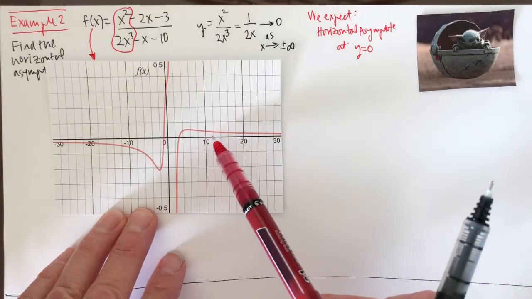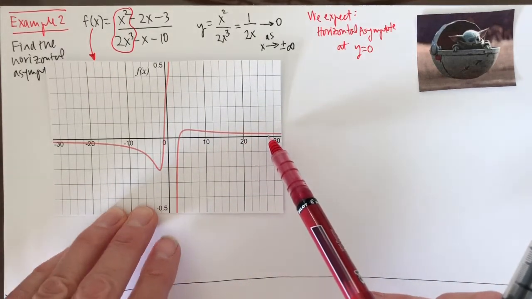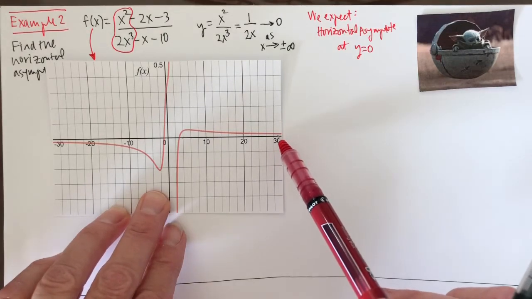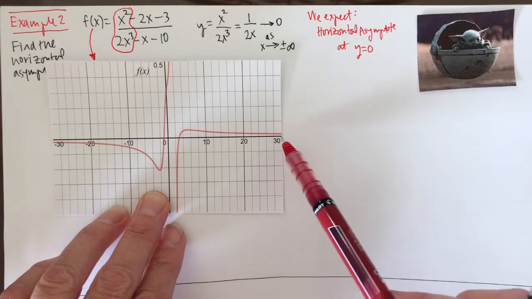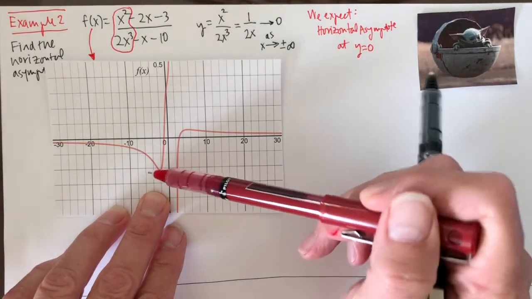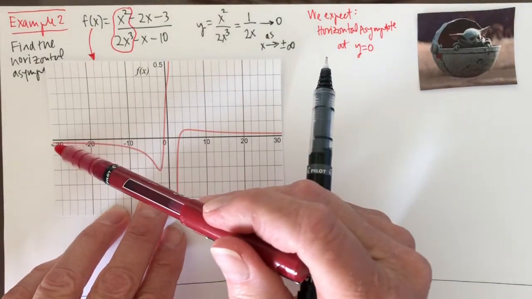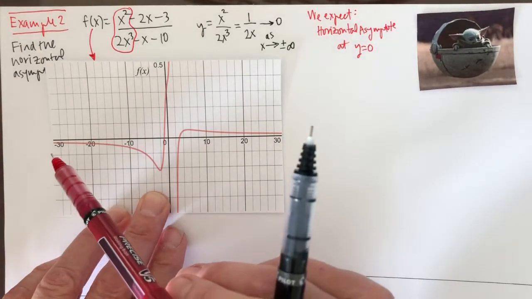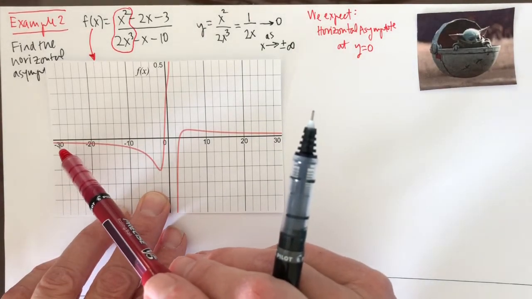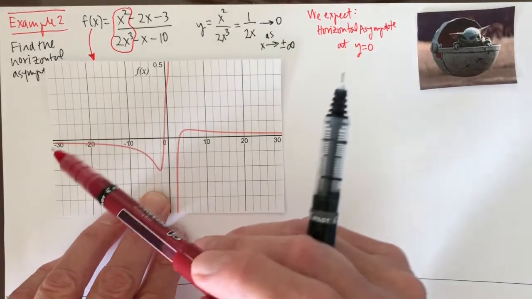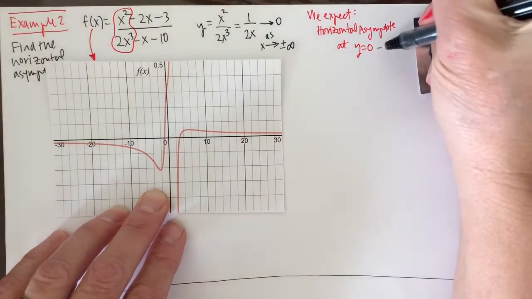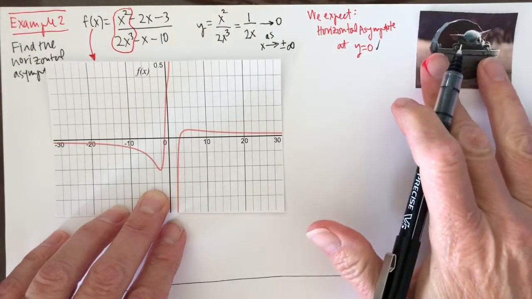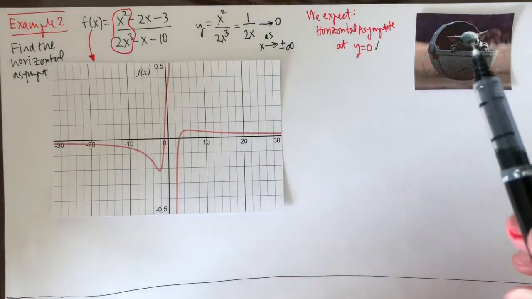Well, as x gets larger and larger, as x does go to positive infinity, it looks like the function is approaching y equals 0, this horizontal axis. And as x goes to negative infinity, it looks like the function is approaching from below, but still approaching y equals 0. So what we expected turned out to be totally true. The horizontal asymptote is at y equals 0.